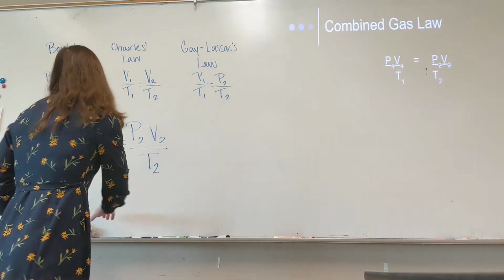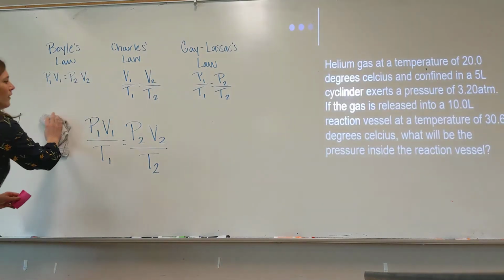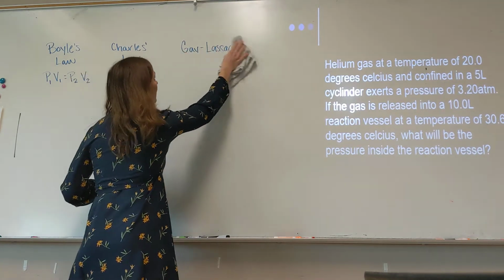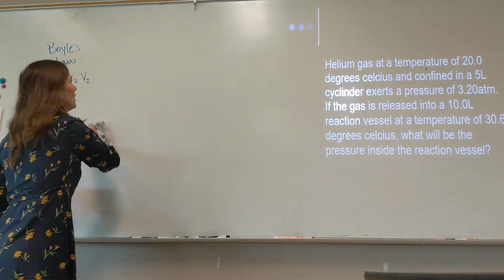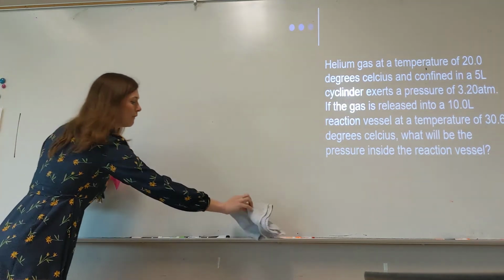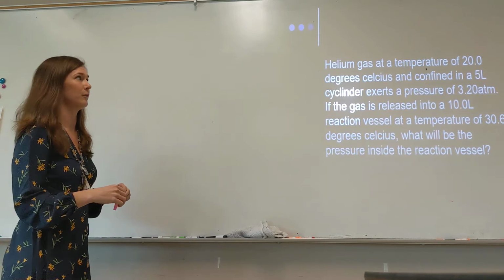All right. So these problems are a little bit longer since they have more variables. You should be given 5 variables and 1 variable that you are solving for, or 1 variable that is unknown.